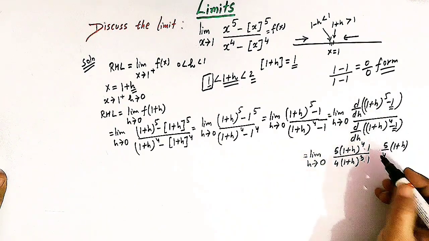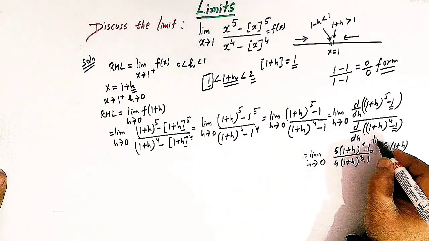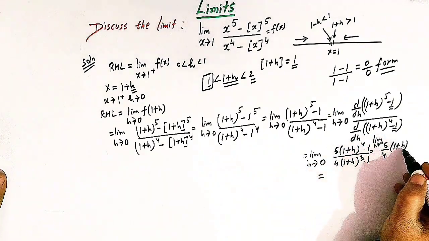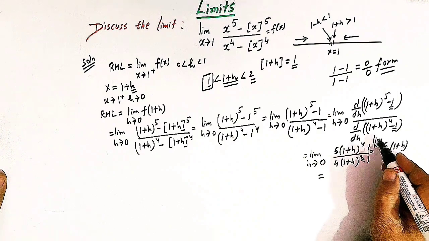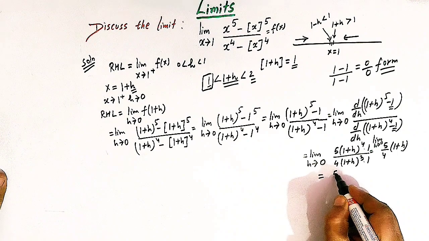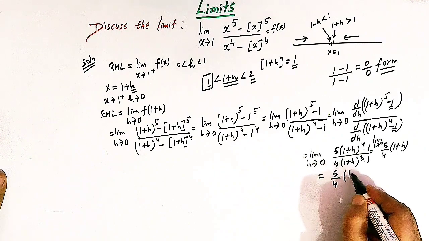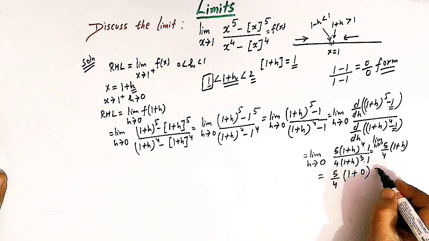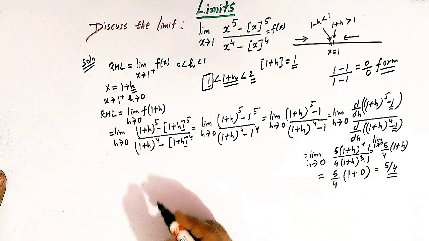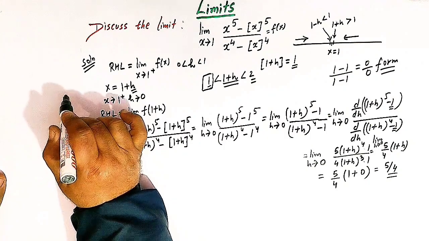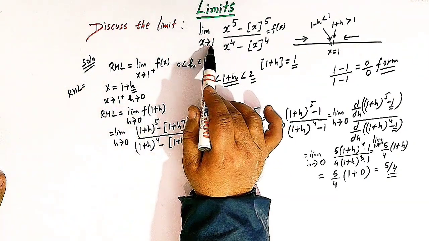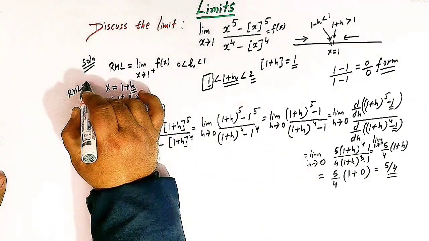Now we can take h equal to 0, so the limit h tends to 0 of 5 by 4 times (1 plus h) is 5 by 4 times (1 plus 0), so this is simply 5 over 4, right? So the right hand limit of this function when x approaches 1 is given by 5 over 4.